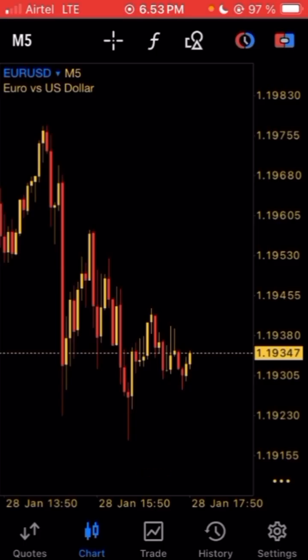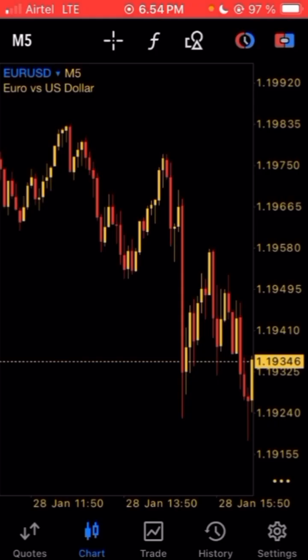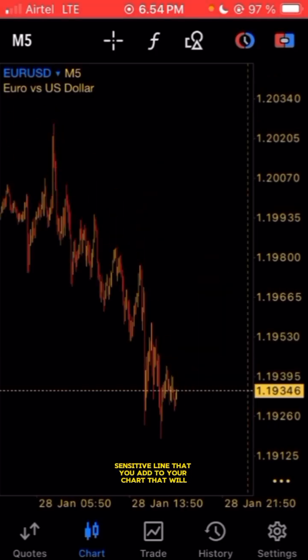So you see these levels I talked about, and the last among the list for this particular video is the power line. That is a very sensitive line that you add to your chart that will give you an overview about exactly where I should mark, and then when price comes to that level, you want a reaction from that level.